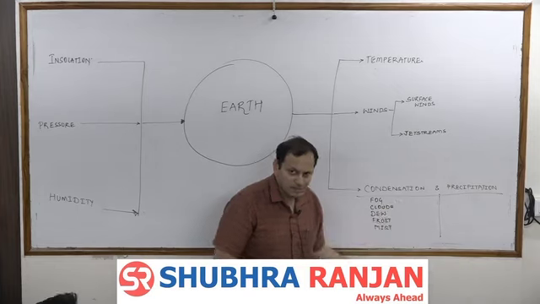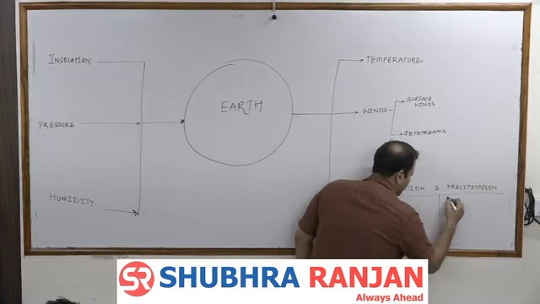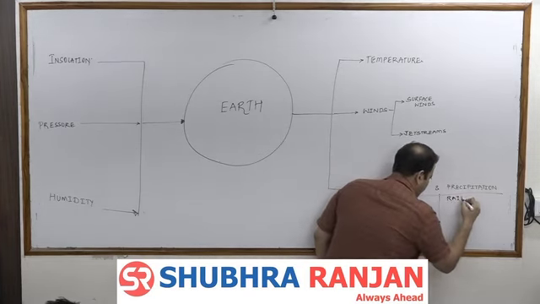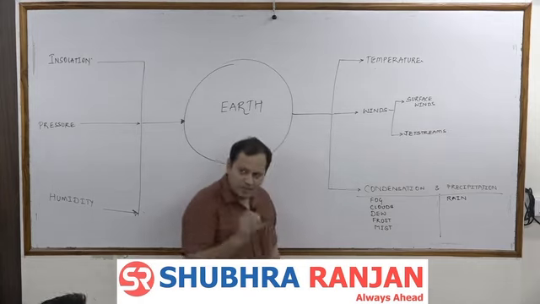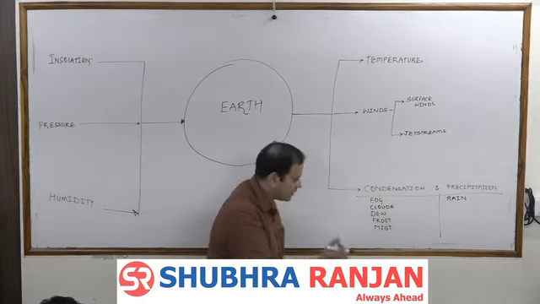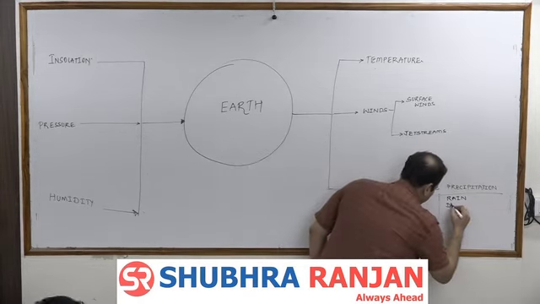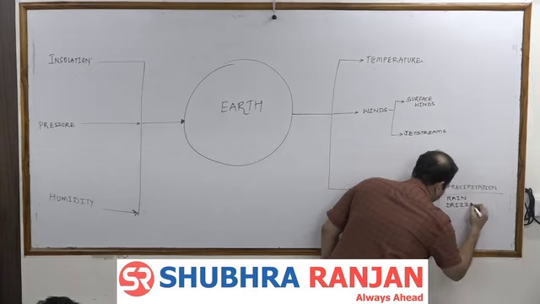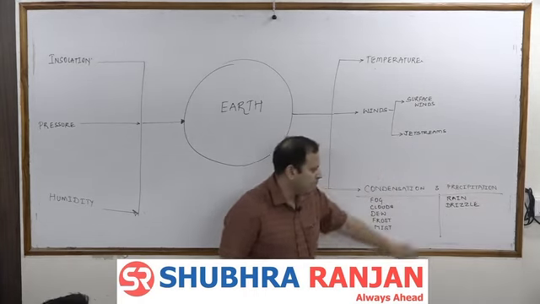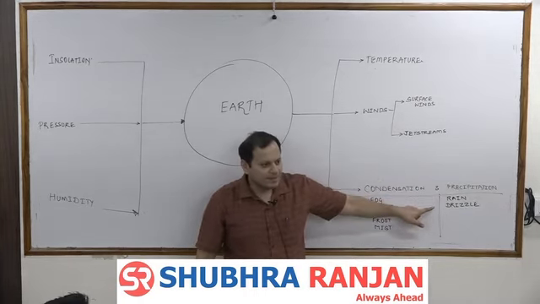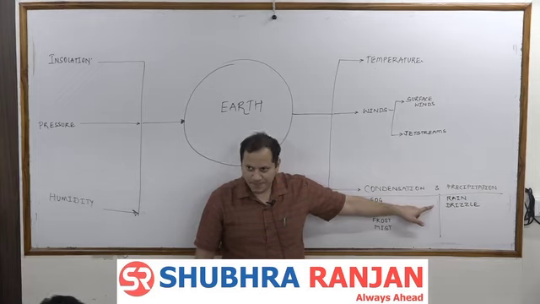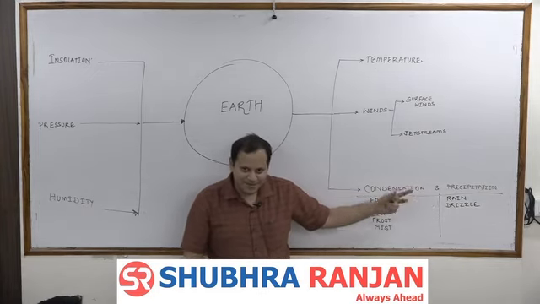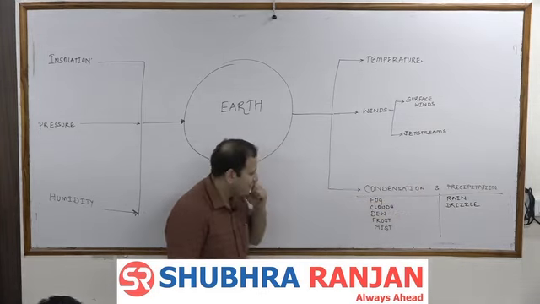If it is falling down in liquid form, it is rain. If it is falling down in liquid form but the diameter is very small, it is known as drizzle. In Hindi, rain is baarish and drizzle is boondabaandi. That is the basic difference between drizzle and rain.